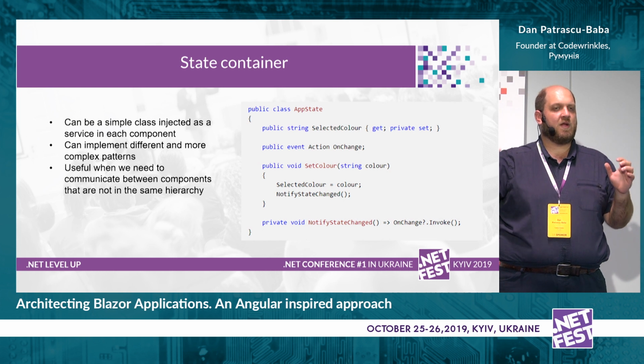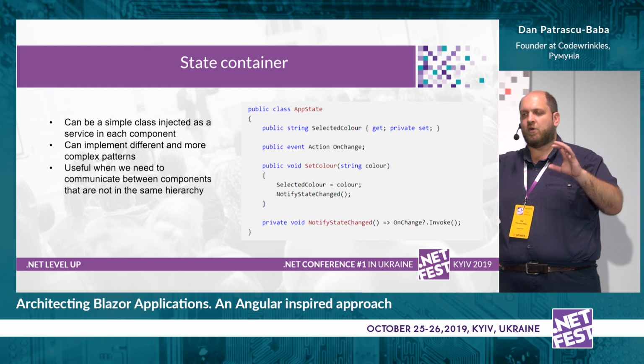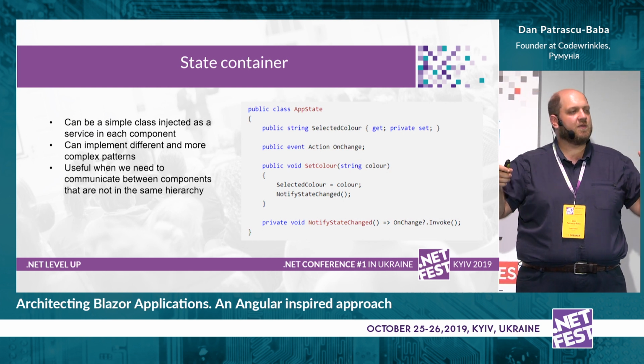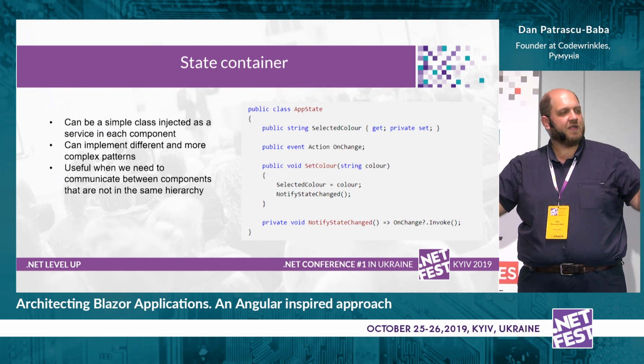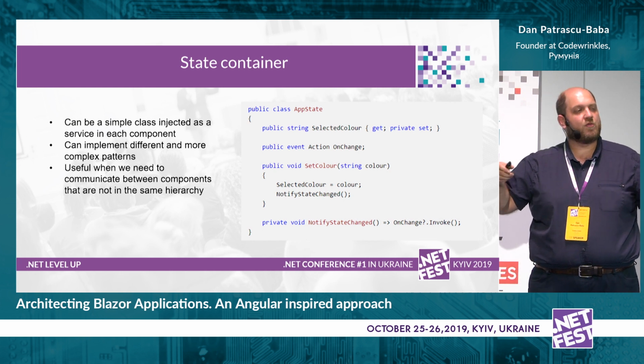Or if I delete, I would like that number to decrease. And of course, these components would be in totally different places, so there wouldn't be any real hierarchy or link between those two components.